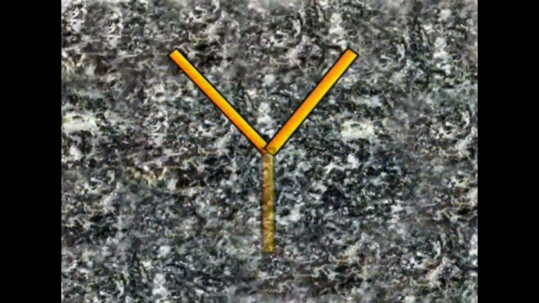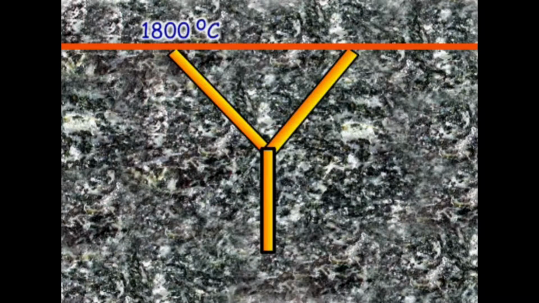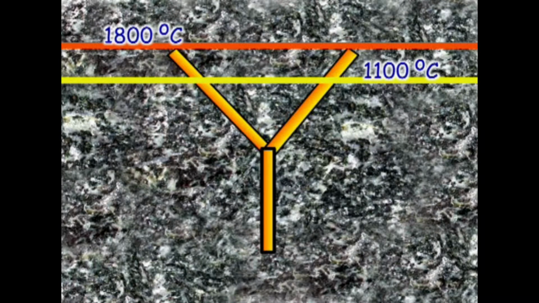Bowen's reaction series is usually diagrammed as a Y with horizontal lines drawn across the Y. The first horizontal line, usually placed just above the top of the Y, represents a temperature of 1800 degrees Celsius. The next horizontal line represents a temperature of 1100 degrees Celsius and is located 1/3 of the way between the top of the Y and the point where the two arms join the base.